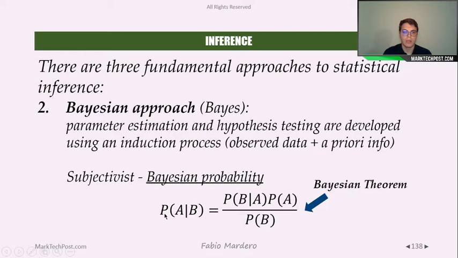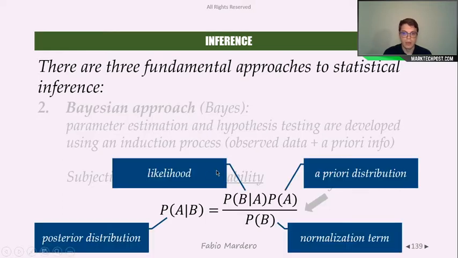So again, the conditional probability here is described as, here you can see, the probability of the event A given B, the posterior distribution, is determined as the likelihood of B given A, and this is our observed sample, times the a priori distribution, what we think before seeing the results of the experiment, before the measuring.